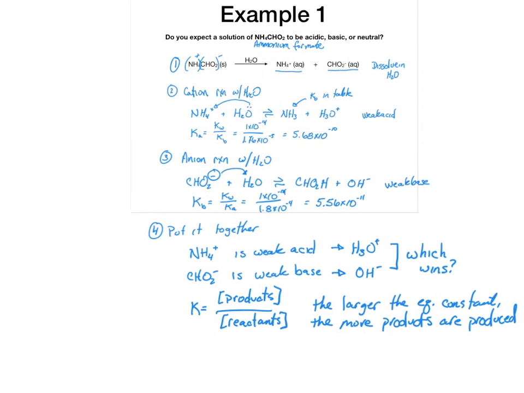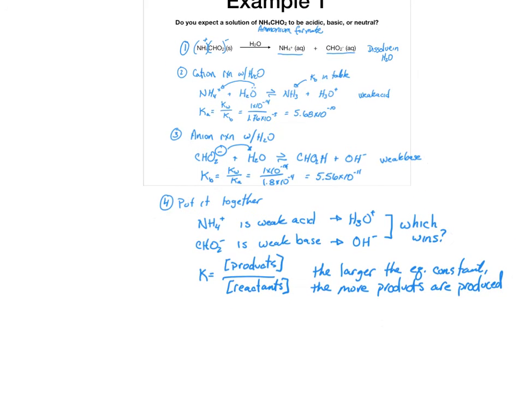So, what we can do is we can compare our Ka and our Kb. And in this example, Ka is bigger than Kb, which means that there will be more H3O plus, the product from the Ka reaction, than OH minus, the product from the Kb reaction.